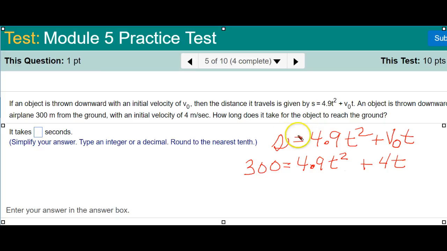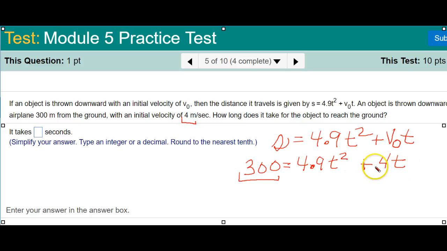So we have our basic formula here, where s is the feet above the ground. This is our t squared times this as part of the formula. And our initial velocity, they're saying, is 4 miles per second, or 4 meters per second, I guess.